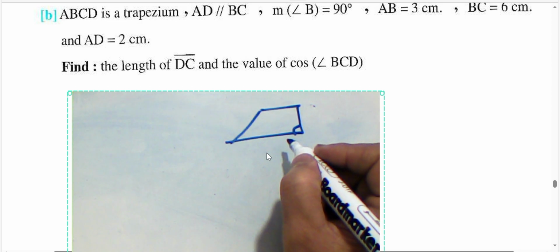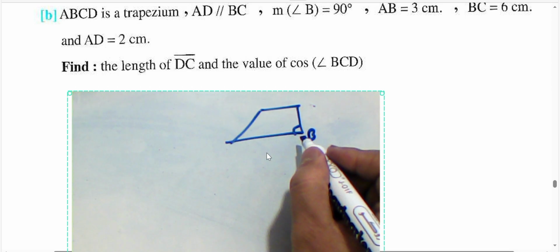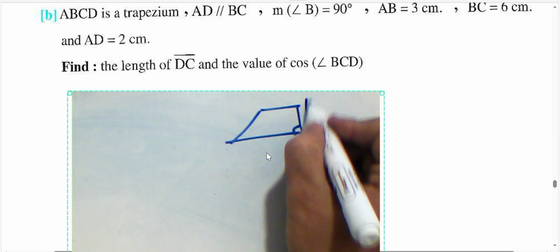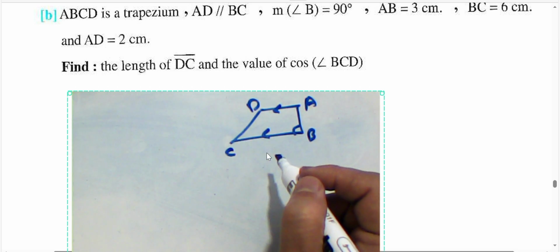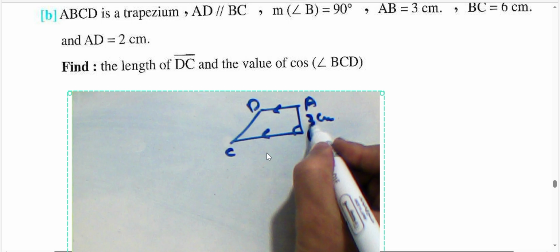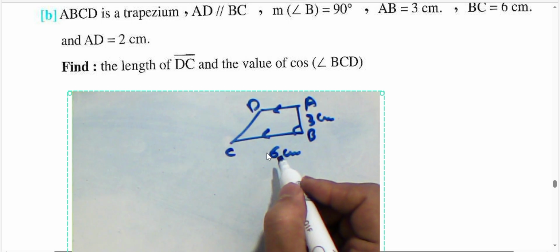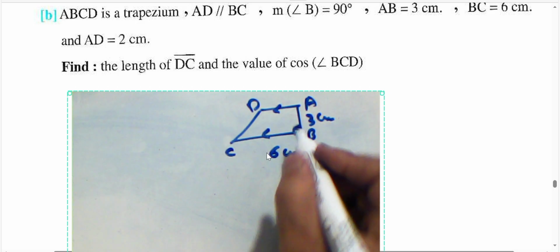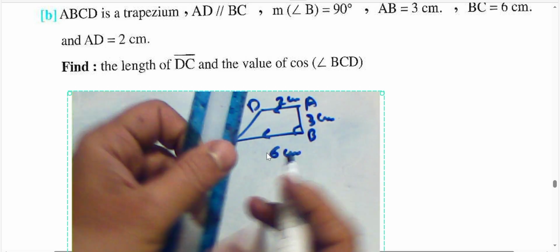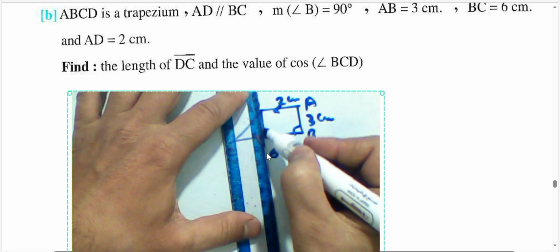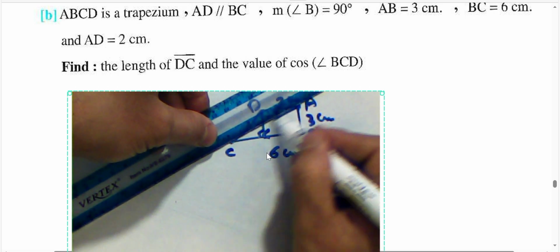He gave me AD parallel to BC, and AB equals 3 centimeters, BC 6 centimeters, and AD 2 centimeters. We can find the value by drawing two triangles like this, perpendicular to the base, and also drawing the diagonal here.